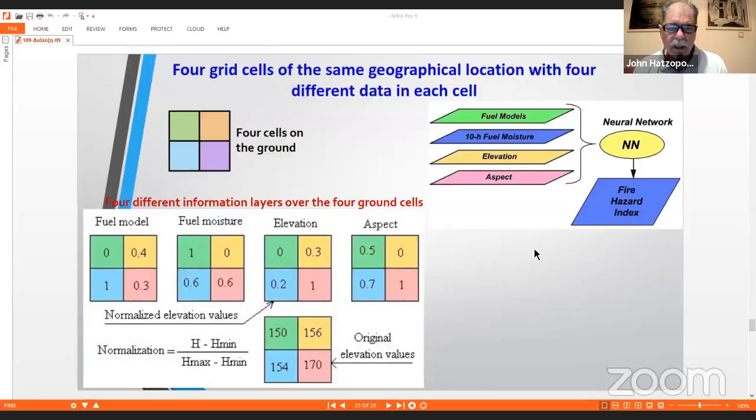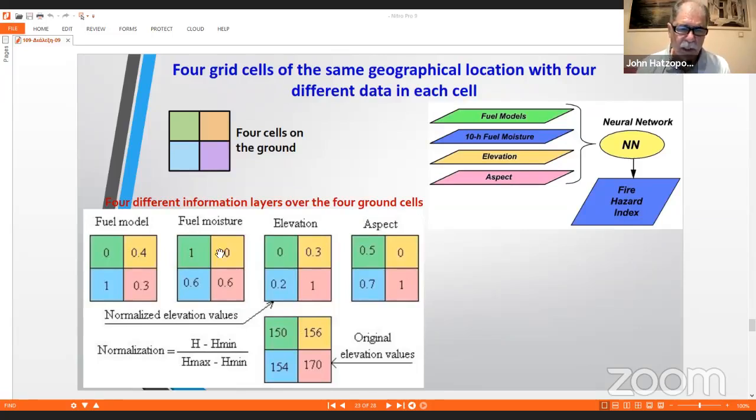And for instance, this is one of the indices we use, called the fire hazard index, depending on 4 levels of information: the fuel, like the grass, the condition of the fuel, like the moisture, the elevation, and the aspect, the orientation of the land surface. I already gave you this example of how we can combine all these different things to be added together, because if we try to add fuel, say grass, and aspect, it's totally different.